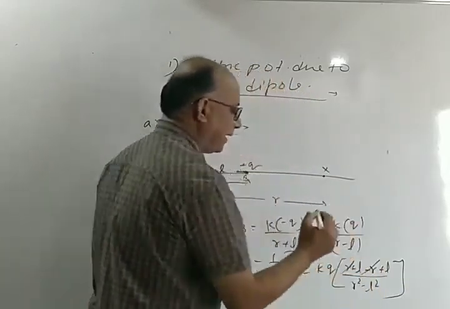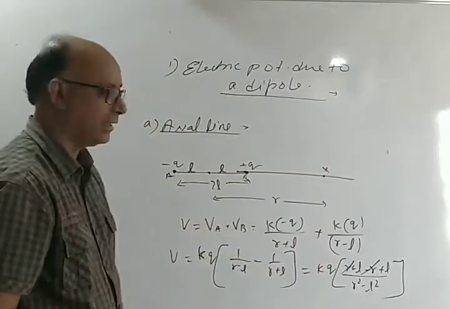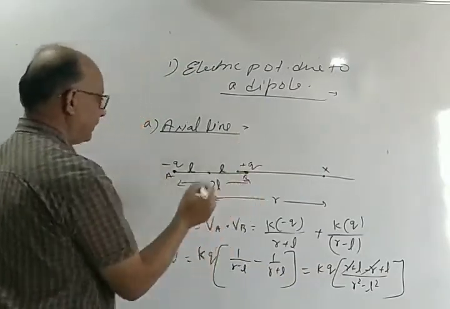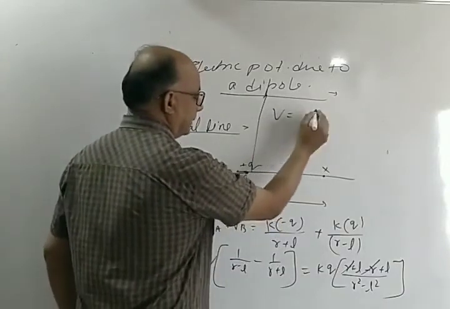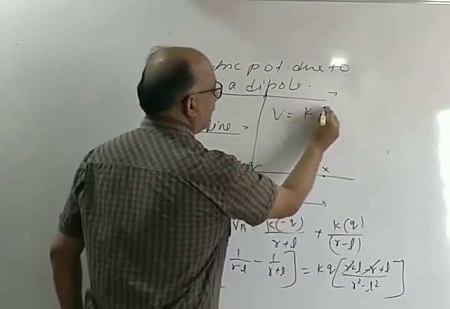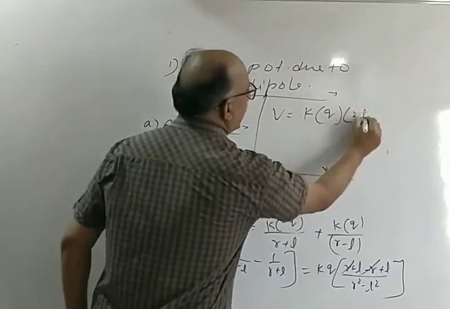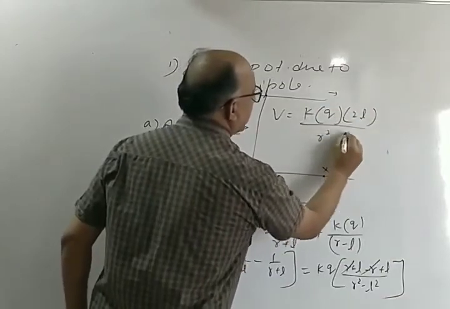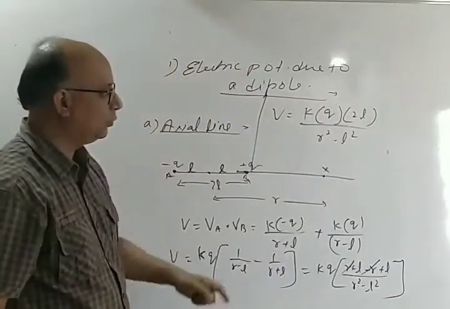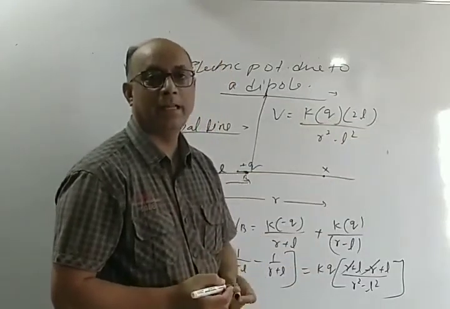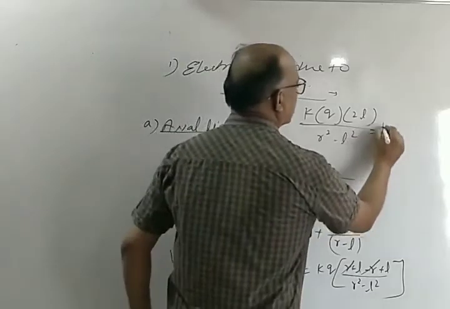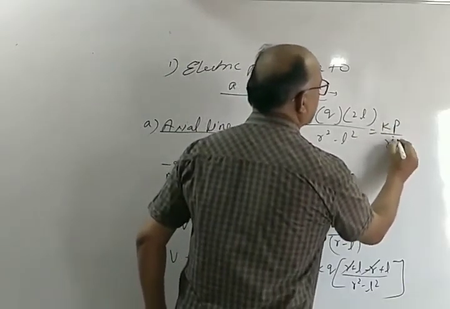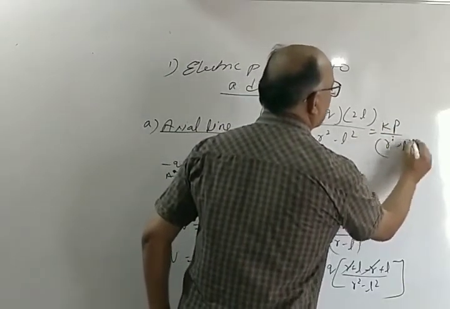So R and R will be cancelled. This is 2 times L. So finally, what we are getting is V is kq into 2L upon R square minus L square. And you know, q into 2L is the electric dipole moment represented by the letter P. So basically this is kP by R square minus L square.